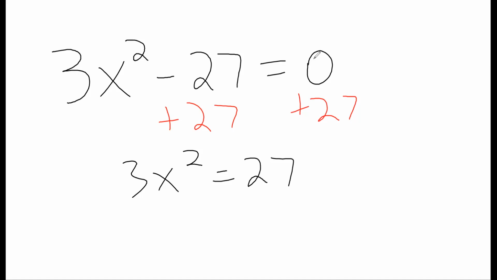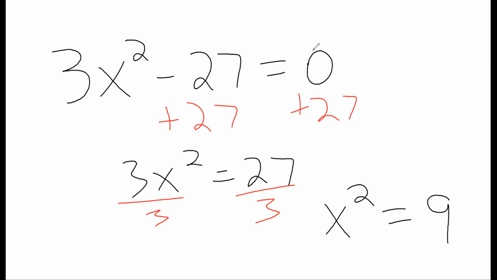We want to get x squared by itself exactly like you're solving an equation the old school way. Then we need to divide both sides by 3. And you're going to get, I'll write it over here to give it a little pomp and circumstance, x squared equals 9.